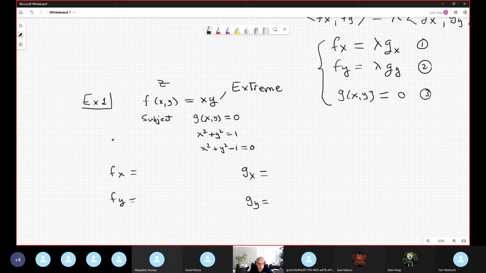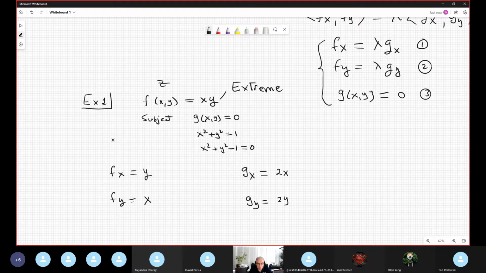Partial derivative of f with respect to y is x. Partial derivative of g with respect to x is 2x. Partial derivative of g with respect to y is 2y.